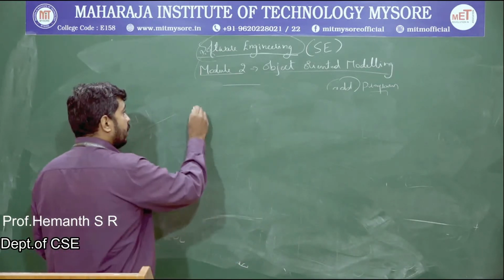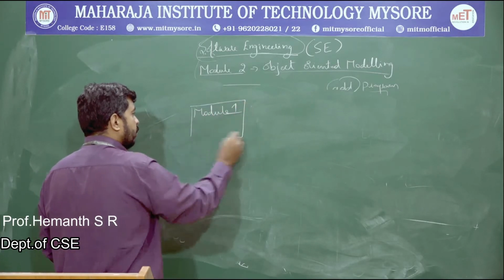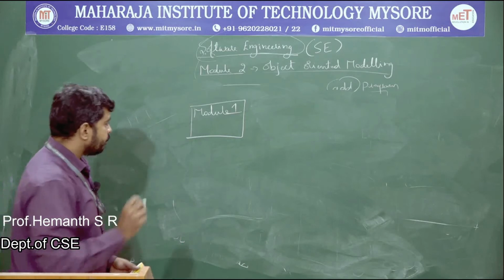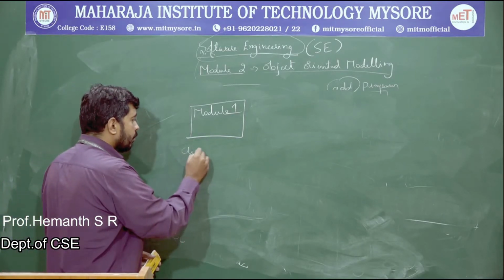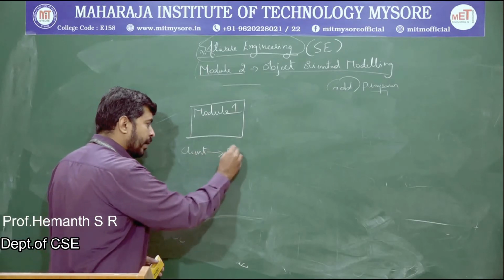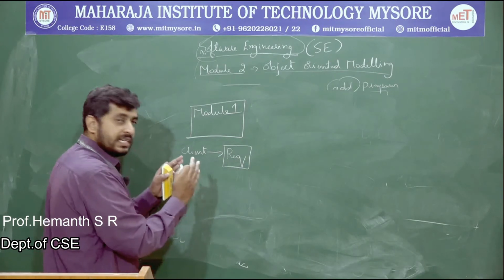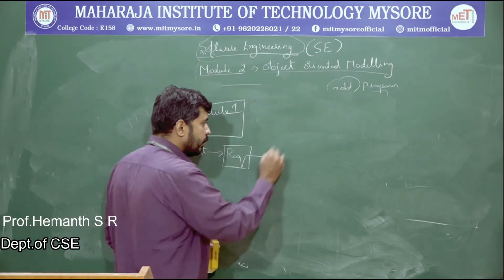In module 1, you understood how to interact with the client, how to collect the requirements of the client, and once the requirements are collected, how to systematically document them.